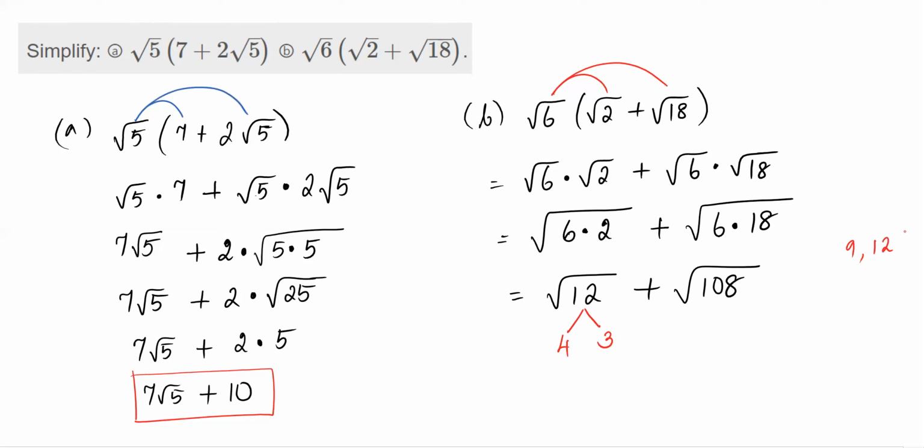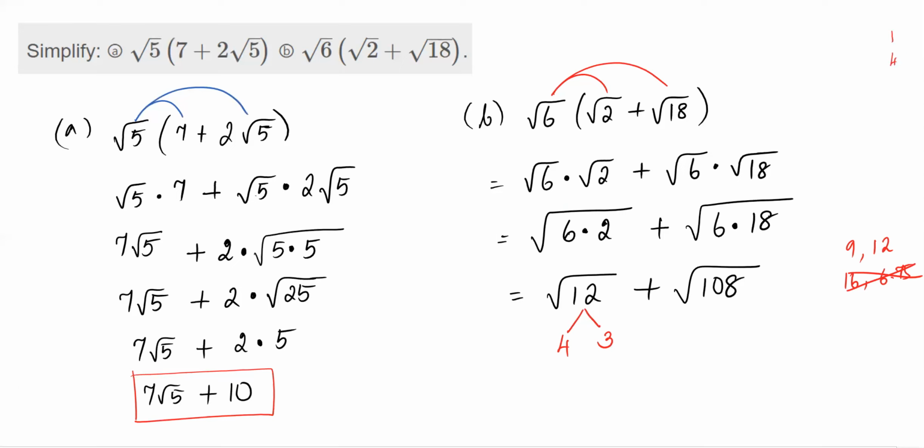Okay. But again, 9 maybe is not the highest you can find, right? So divide by 16. That gives you 6.75. That didn't work. So let me just write it out here. 1, 4.